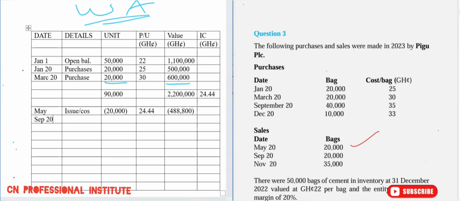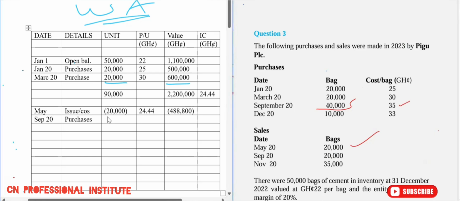Then September 20, there was another purchase. So September 20, this one, purchases, and it was at 35.